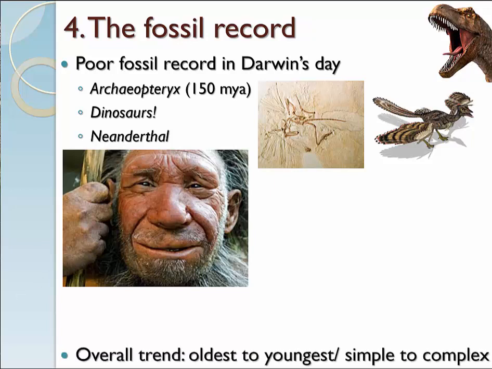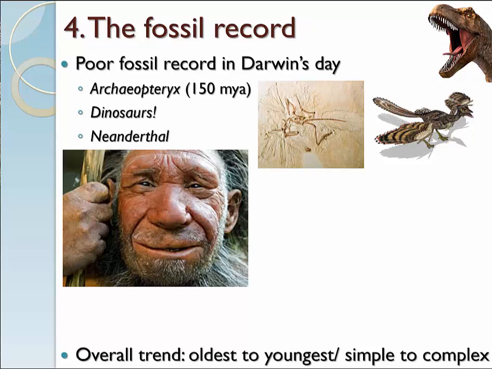But there was an overall trend in the fossil record, as there is still today, that from the oldest fossils to the youngest fossils, they went from simple to complex. So the very oldest fossils are single-celled, and then quite a bit later, you start to get colonies of cells, and then later you get multi-celled organisms, and then the sophistication increases. And it's just a general thing that if you start off simple and keep working at it, you're going to get more and more complex.